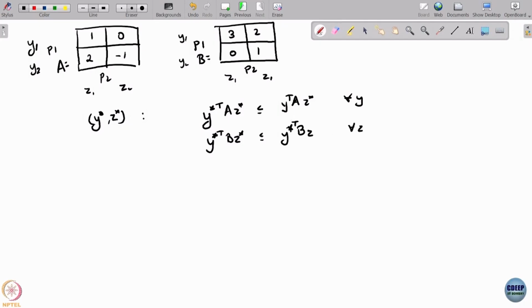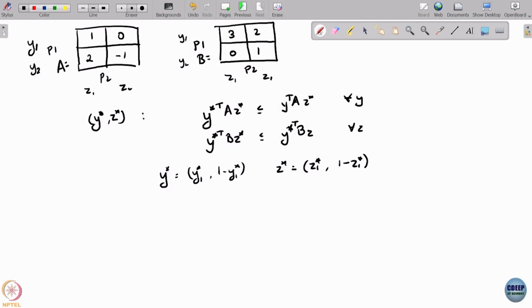Now, if you think about how you would go about computing this, you would need to solve these equations. You could try the following: let me write my y star as y1 star comma 1 minus y1 star, and z star as z1 star comma 1 minus z1 star.